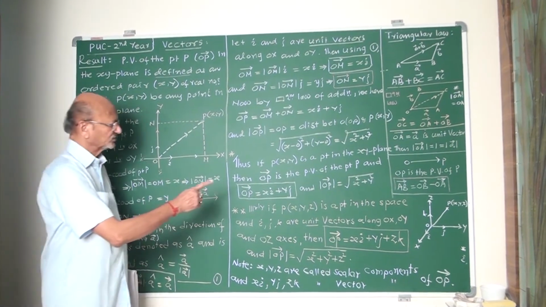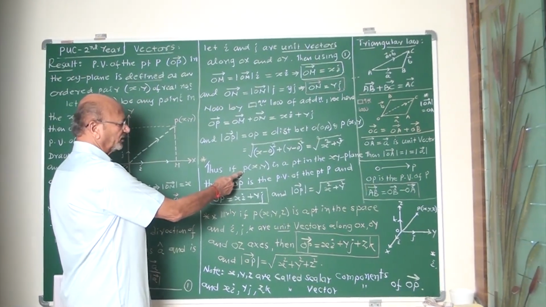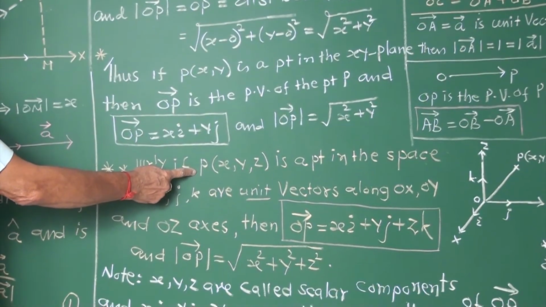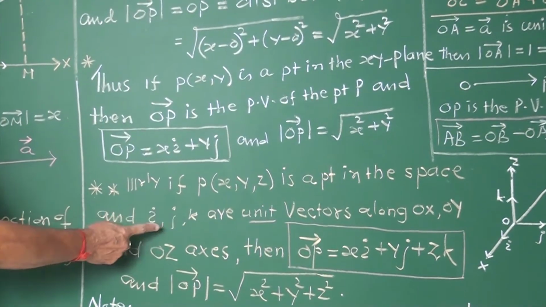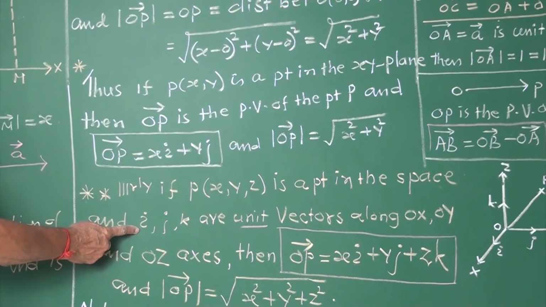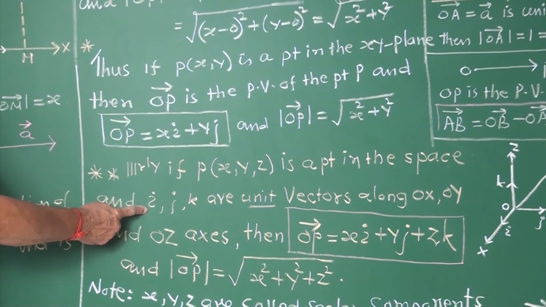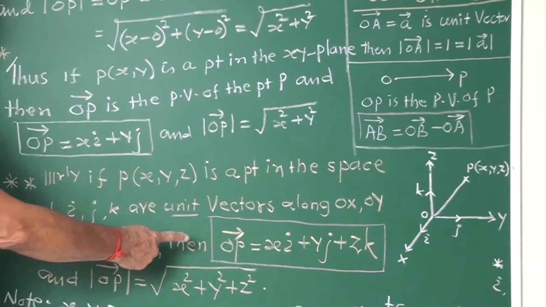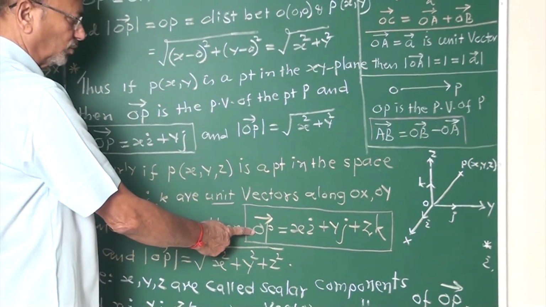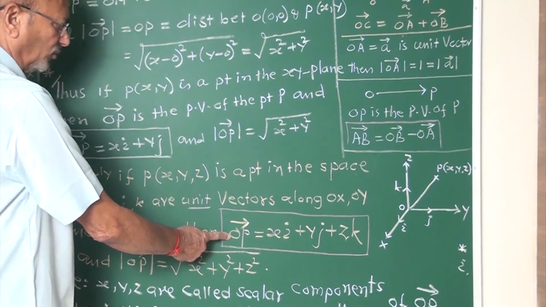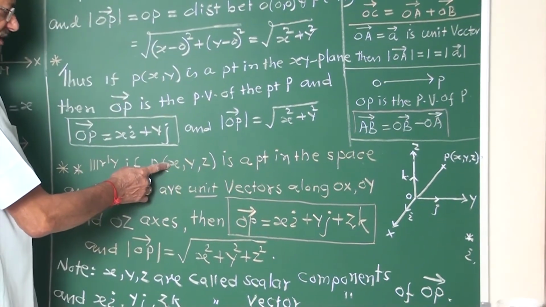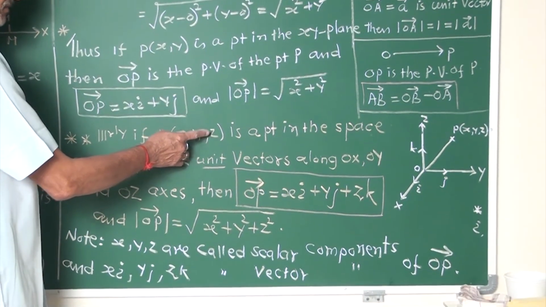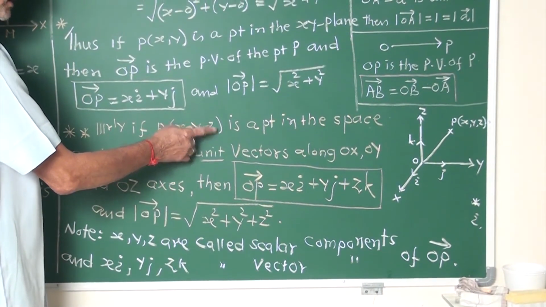Remember only this. Normally we go for the space. If P(x, y, z) is a point in the space, i, j, k are the unit vectors along Ox, Oy, Oz. See the figure. Then position vector of the point P is vector OP. How to write it? X coordinate multiplied by i plus Y coordinate multiplied by j plus Z coordinate multiplied by k.